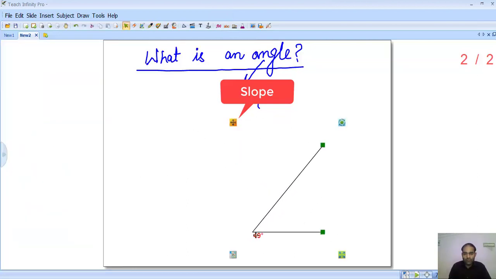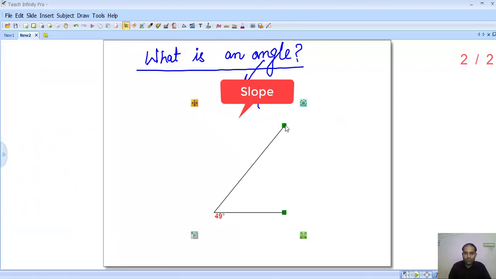Okay, now look at this. Now two lines are overlapping. This is line 1, this is line 2. Wait for a minute, let me take my pen. Okay, line 1 and that one is line 2.